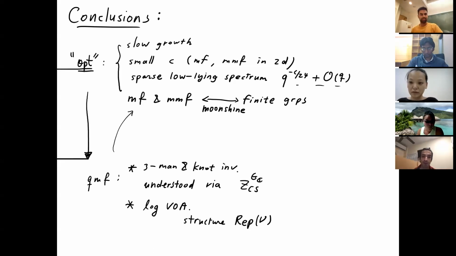Are there any questions? I have a small question. So the class numbers that showed up, the Hurwitz class numbers, they were always for negative fundamental discriminants.